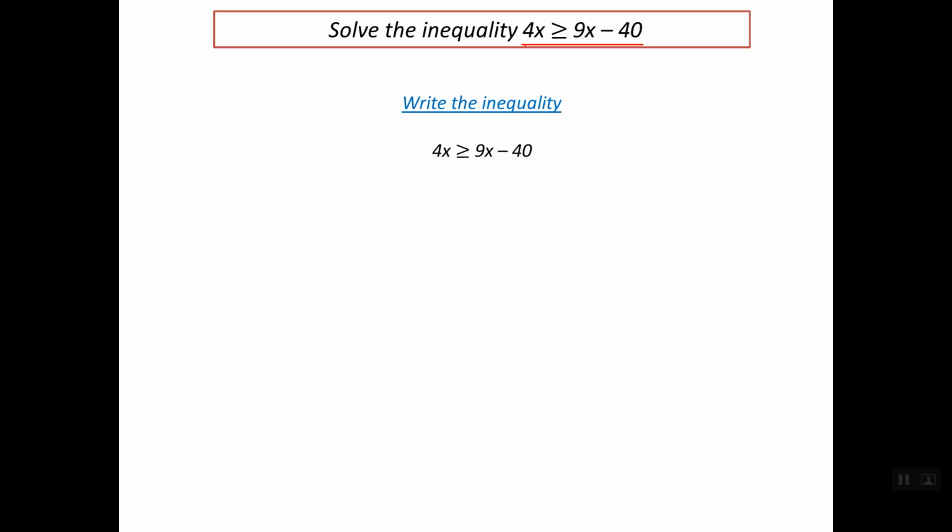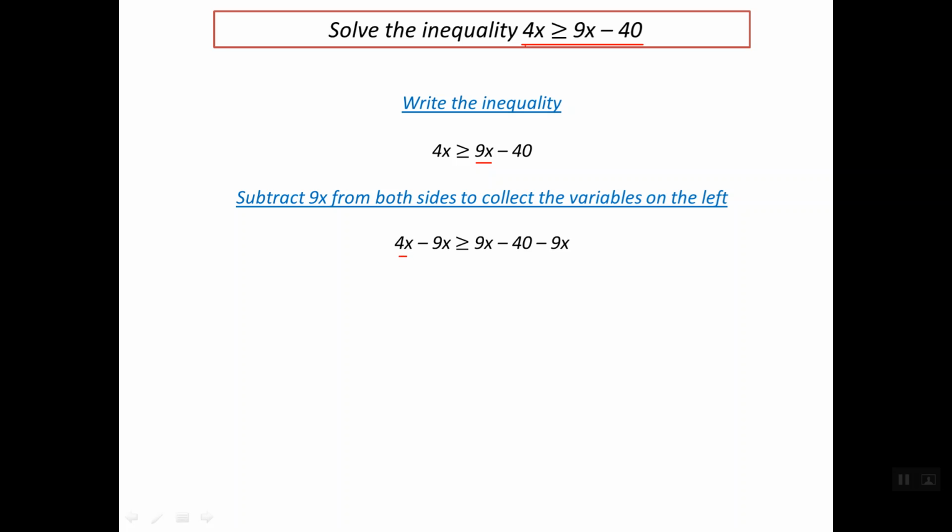So simply we can cancel the 9x, which is on the right side of the inequality, by subtracting 9x from both sides, so that we collect the variables on the left side.